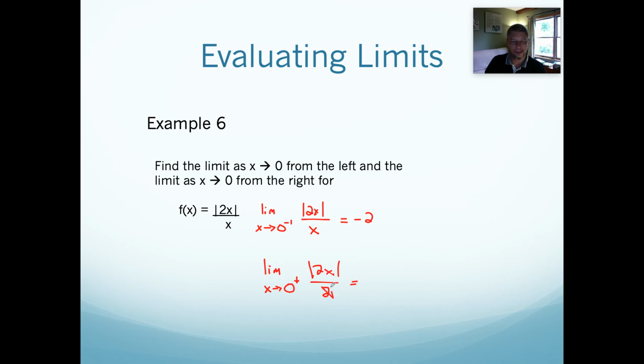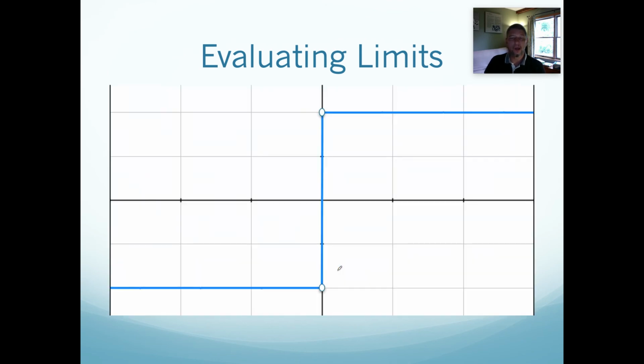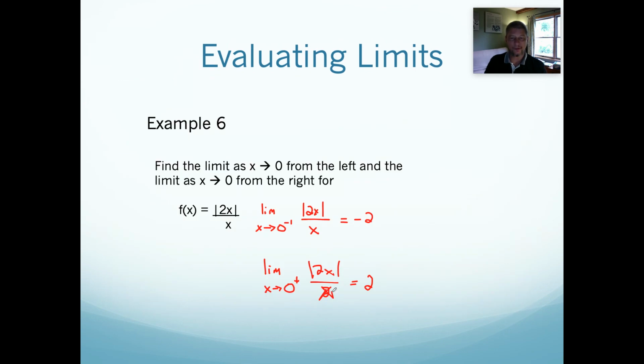divided by x, that's dummy. So 2 times 3 is 6, divided by 3 is +2. 2 times -2 is -4. Take the absolute value, that's 4. 4 divided by 2 is 2. 2 times +1 is 2.